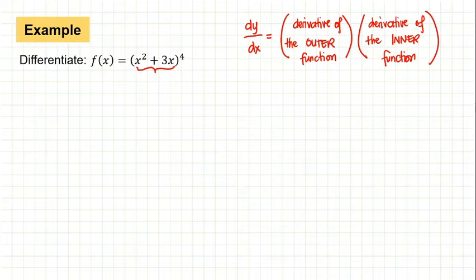Now, in this case, again, si x or si yung u or yung x natin naging x squared plus 3x, because if this is written as x to the power of 4, of course, using the power rule, we can differentiate it right away. But again, yung x natin naging x squared plus 3x siya. So, hindi natin siya magagawa. So, in this case, we need to determine our inner function. So, yung inner function, siya yung pinalit natin sa x.